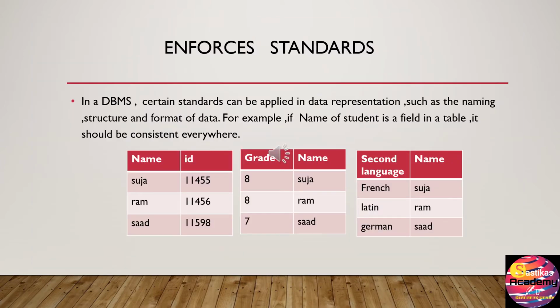Enforces standards. This is also one of the functions of DBMS. Enforces standards means certain standards are applied in the data representations, like naming, structure and format of data. For example, if name of the students is a field in a table, it should be consistent everywhere. If you look at this example: name, ID, grade, name, second language name. If ID is used as 11455, the same thing you have to use in all the tables.